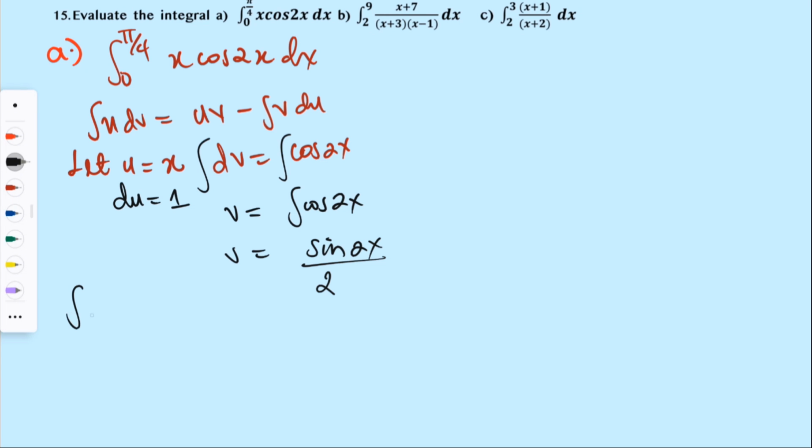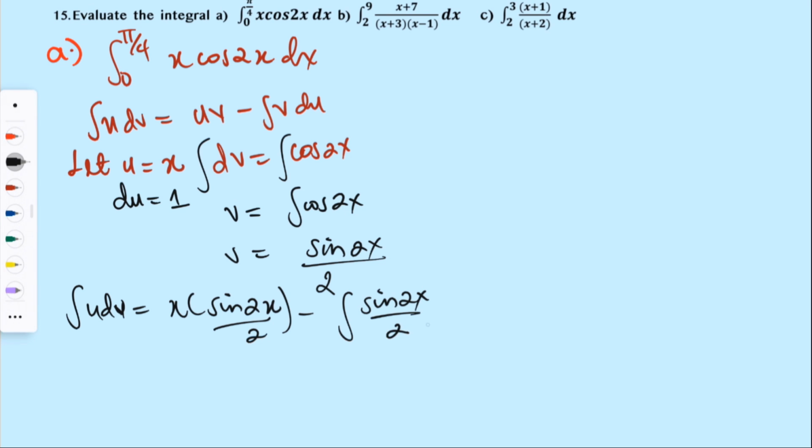So according to integration by parts, we have uv, so u is x, v is sine 2x over 2, minus the integral of v du, so sine 2x over 2 times du, but du is just 1 dx.